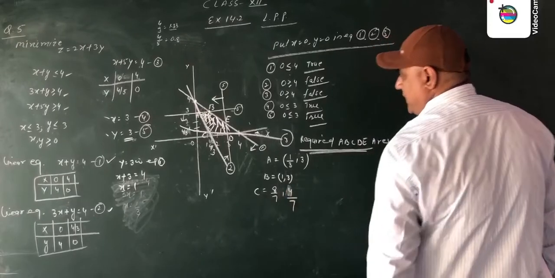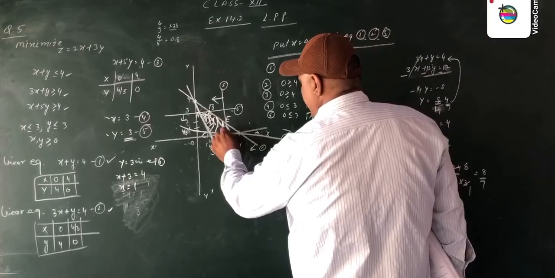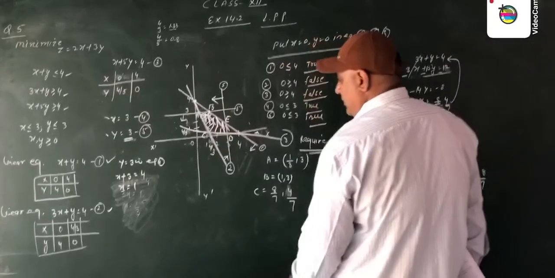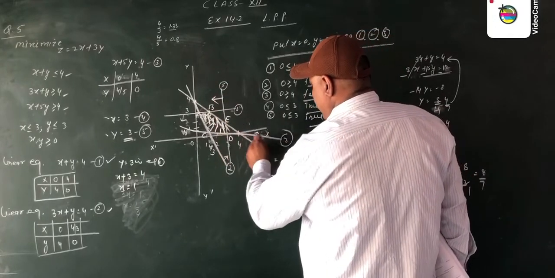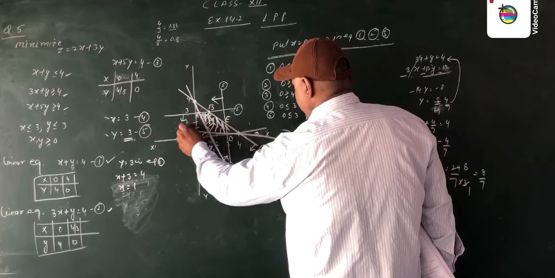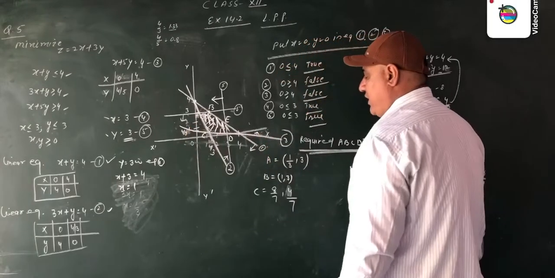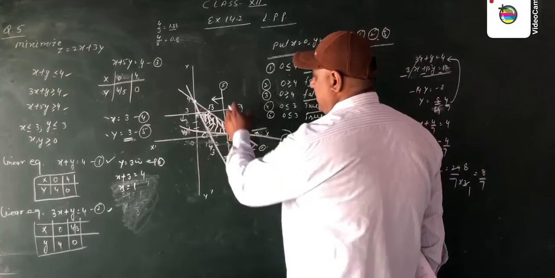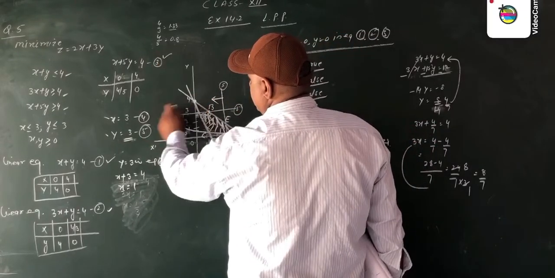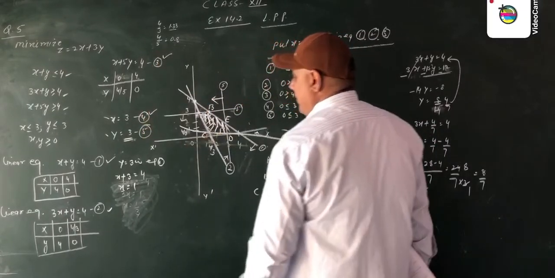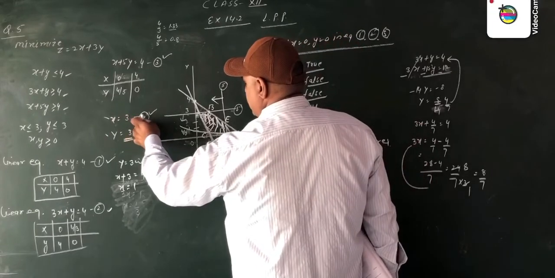Now we find the value of D. This is the point D. Now it is the value of x: x is equal to 3. And this is the equation of the third. Now we have to find the common point between this fourth and the third. This is your third and this is your fourth. We have already found the value of x is equal to 3.